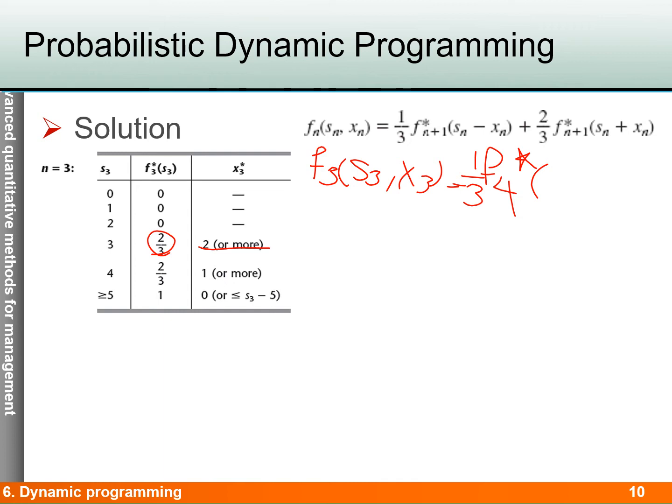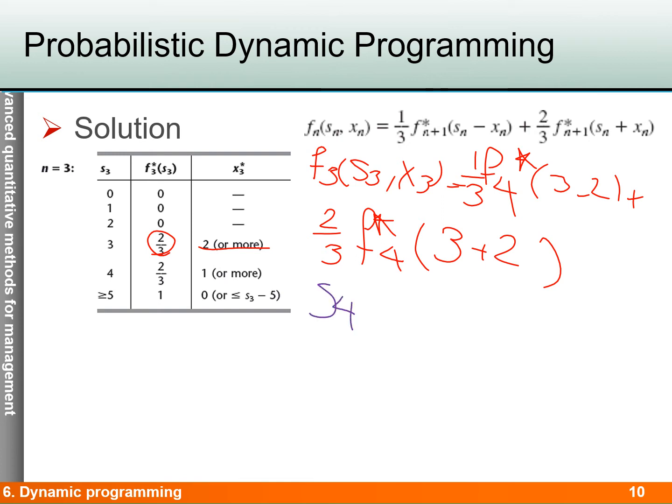So it can be 2 or 3, but we'll see they are equal. Let's check with 3 minus 2, plus 2 divided by 3 f star 4, multiplied by 3 plus 2. As you remember from the previous slides, we had these definitions, no? S4 less than 5, yes, exactly.